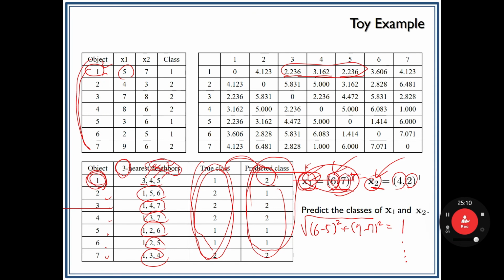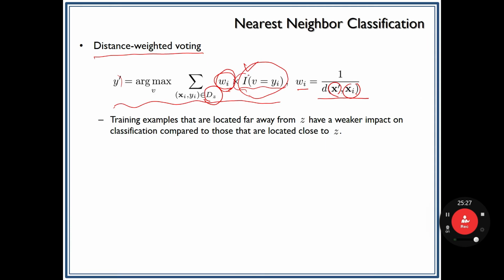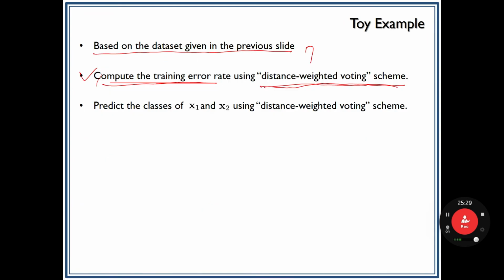Instead of counting the class labels of each class, you have to multiply the inverse of the distance to each of the results of this indicator function. So please do this yourself.